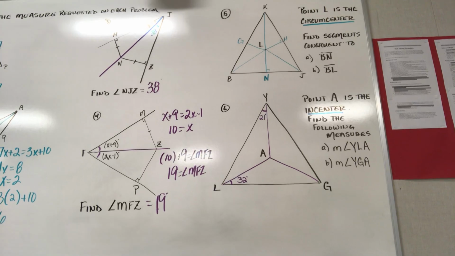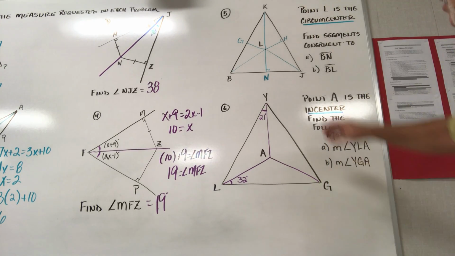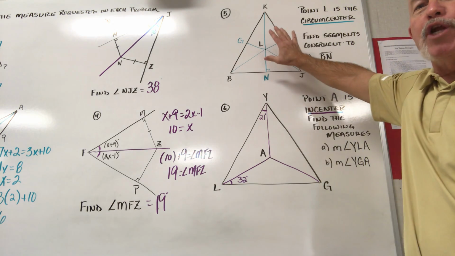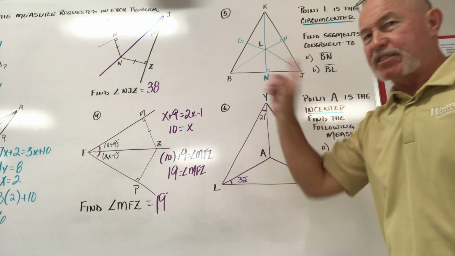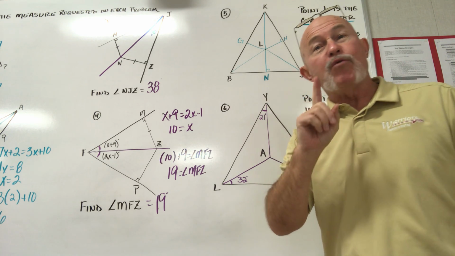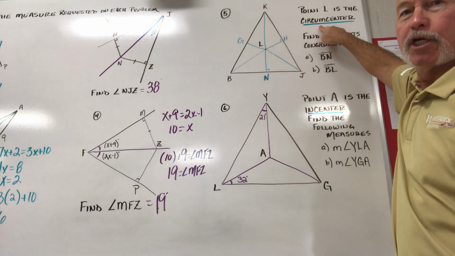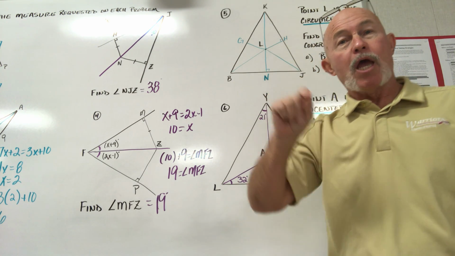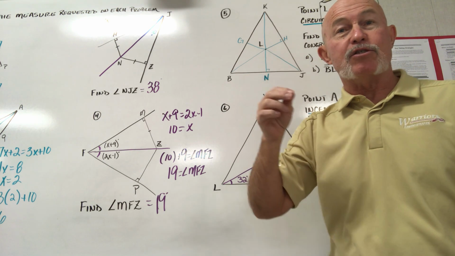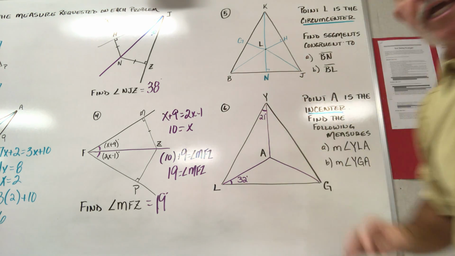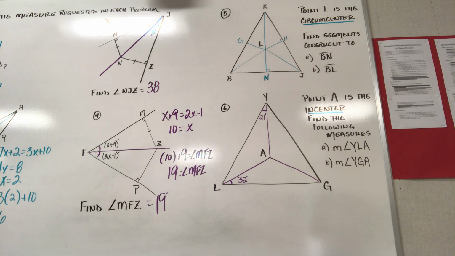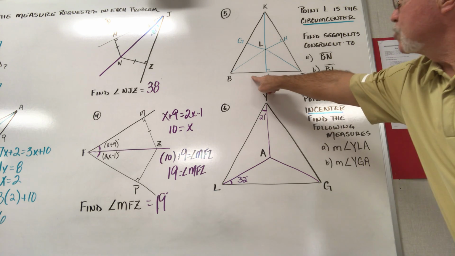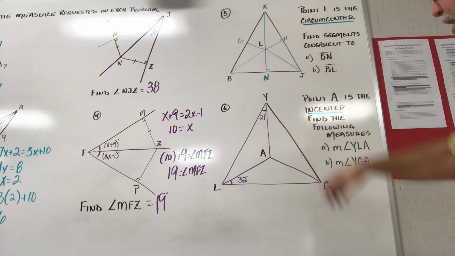Now, here's where the vocab I was talking about comes into play. I put these so we would know that they are each perpendicular bisectors here. But the other way we can tell that is this word, circumcenter. The circumcenter in a triangle is where the three perpendicular or side bisectors intersect. So, we want segments that are going to be equal to each other. In this case, BN is going to be congruent to NJ. Yeah, it's that simple.